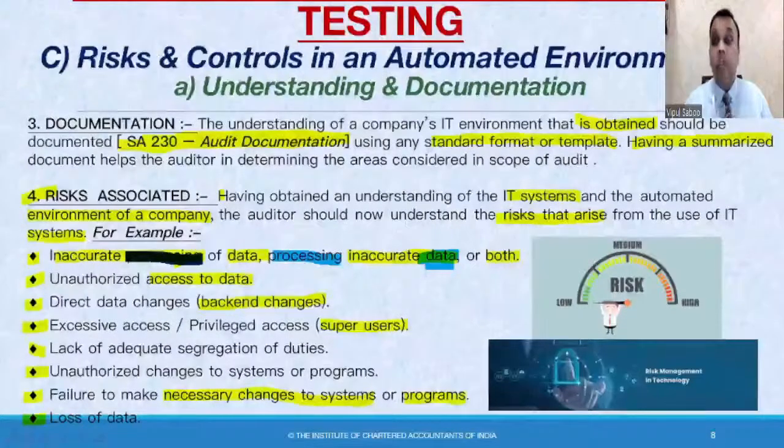Okay, they are not authorized, but I have given them access to my system. This is called excessive access. You have been given privileges which are outside of your work horizon, which are outside of your responsibilities. Now, what is privileged access or super users?